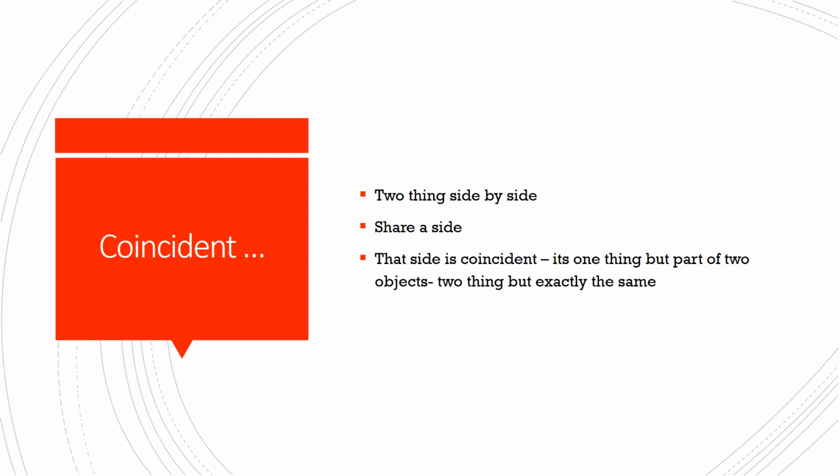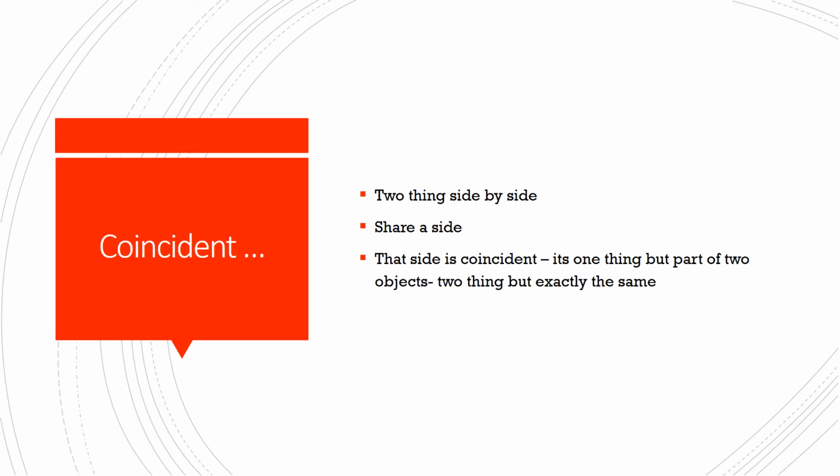Coincident features. Things side by side have a shared boundary. It's one boundary, but it's one part of each data set, so that when we modify one data set, it modifies it for the other. Think of this like county lines. The line between Fairfax and Loudoun County, for example. If Loudoun County moved their county line, it would only be right for Fairfax to move theirs accordingly.